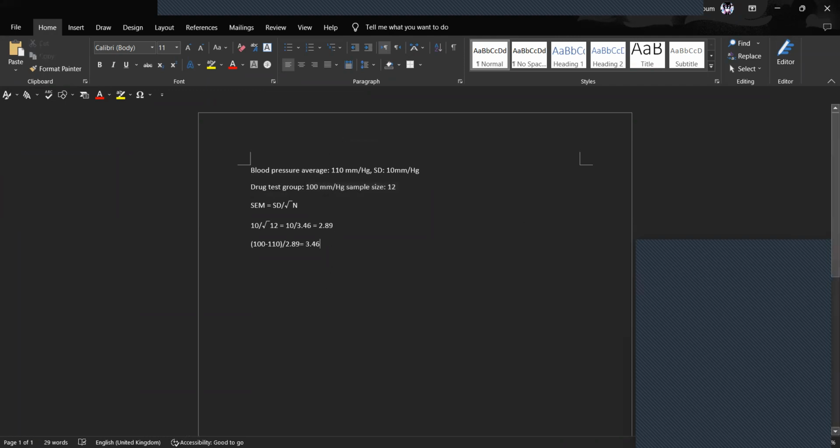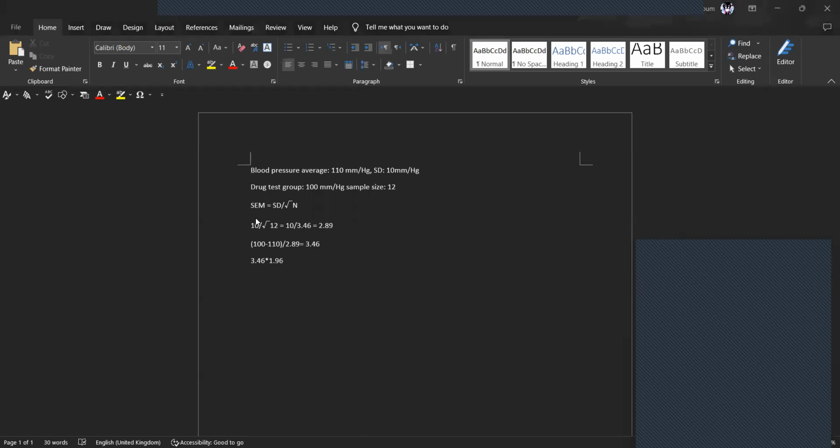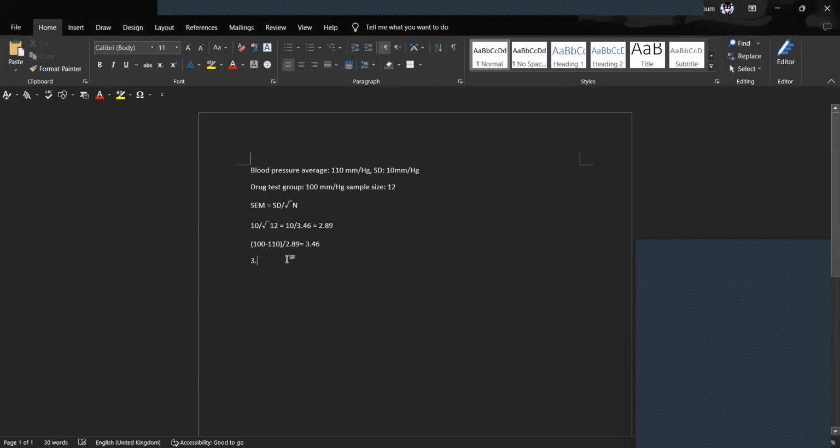And so what we'll do is take the standard error of the mean, and then multiply it by 1.96, which is the z value. Sorry, that's not right. Again, our standard error of the mean is 2.89, and then we're going to multiply that by 1.96.